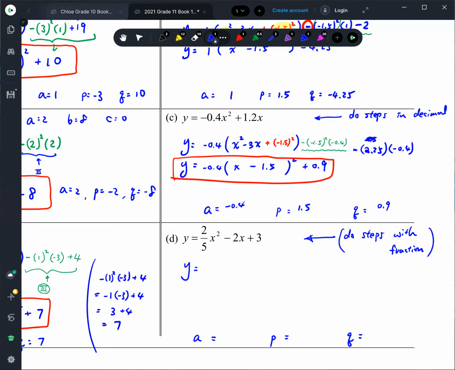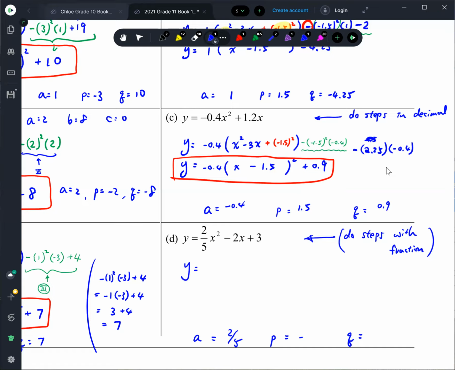Okay, Isabella, what's your A, P, Q? For A, I got 2/5. P, I got negative 2.5. In fraction, please. I'll have to change it into fractions then. Yeah, you do all the steps in fractions, because sometimes if you change it to decimal, it will become a repeating decimal.